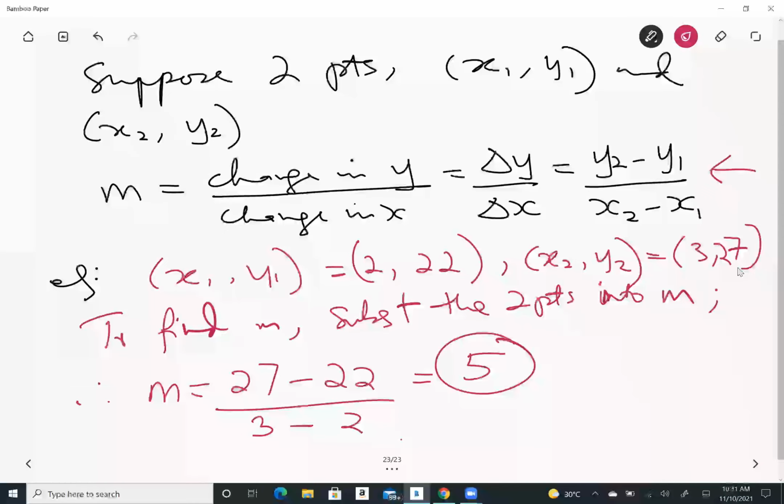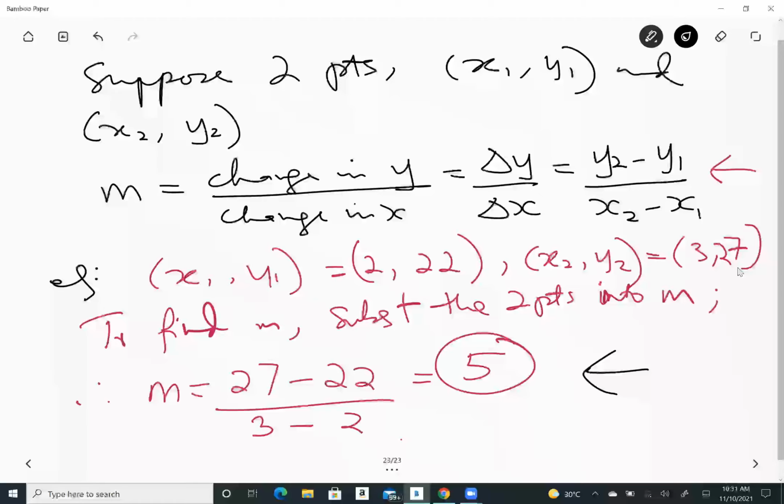Any question about this? Any question about the slope? Okay, no, sir. All right, good. So let's go back to the example. Sir, for the y2 and y1, like y1 minus y2, can we replace the place?